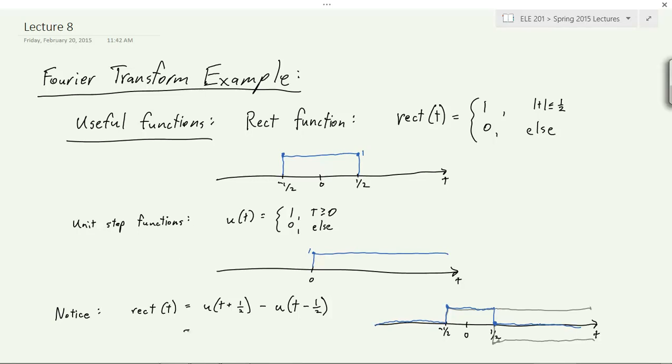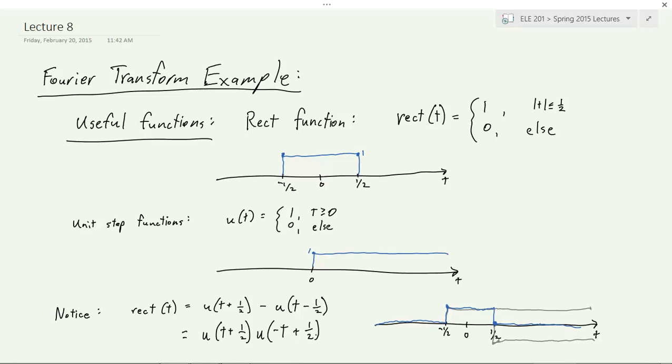Another way of using step functions to create a rect is to say that it also equals the product of two rects. Now notice I have different rects that I'm using here. The first one is the same one, but the second one is flipped horizontally.